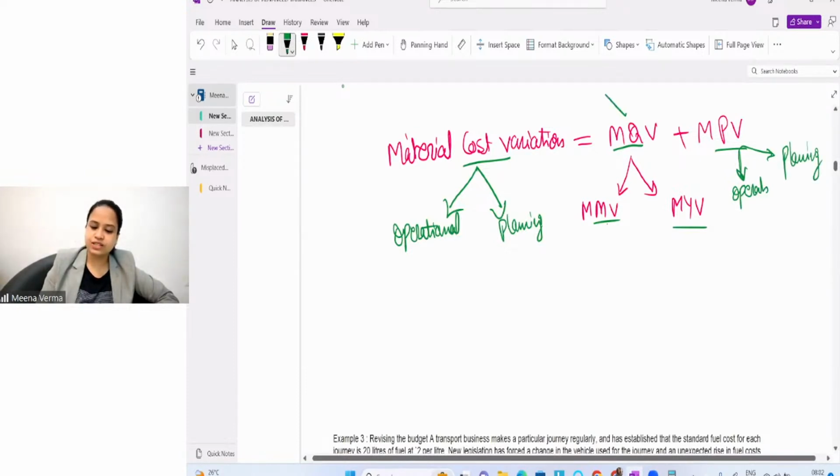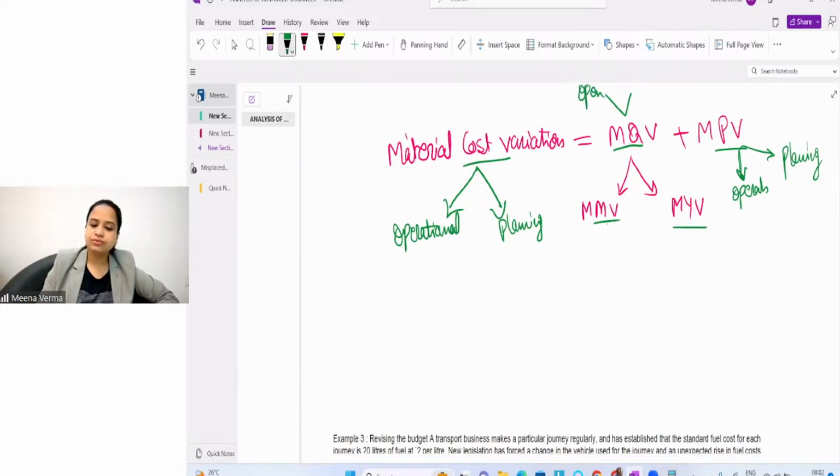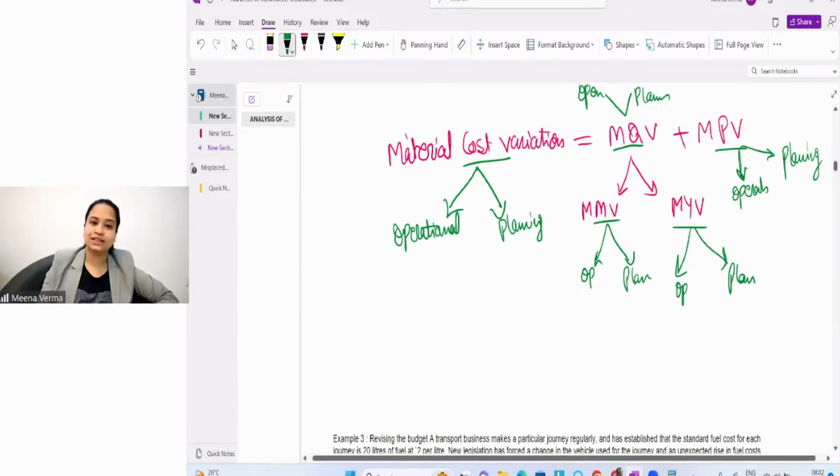And then this one also operational variation and planning variation. This one will be operational and planning variation. This one also operational and planning variation. You can see, more in detail. That is why we are calling it advanced variation.